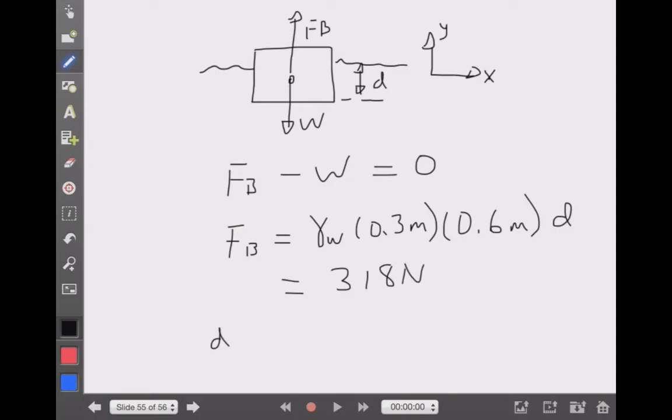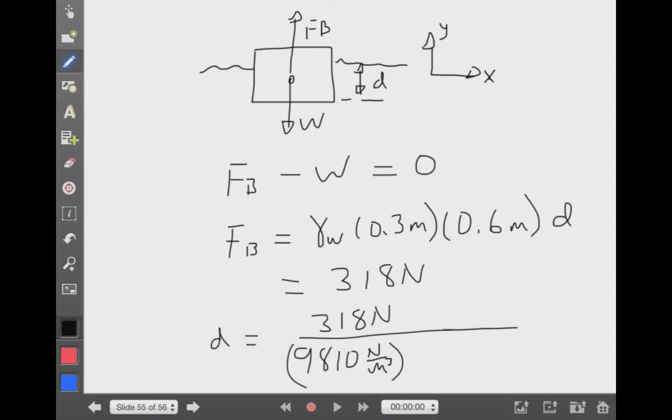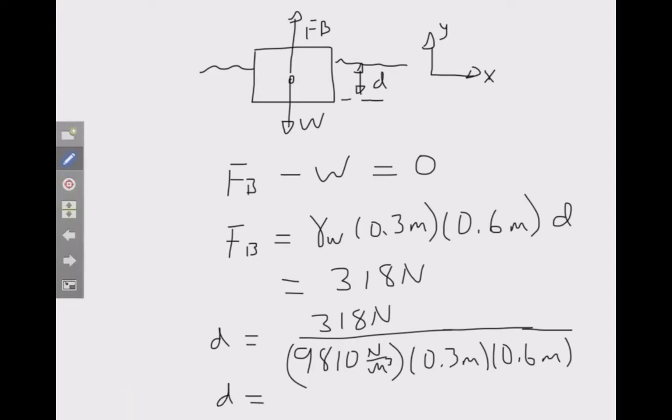So we can rewrite this equation now. It's going to be 318 newtons divided by gamma, and in this case we're just going to use 9810 newtons per meter cubed, and the cross-sectional area, which is 0.3 meters times 0.6 meters, and that will give us the D. In this case, D turns out to be 0.18 meters, or 18 centimeters.